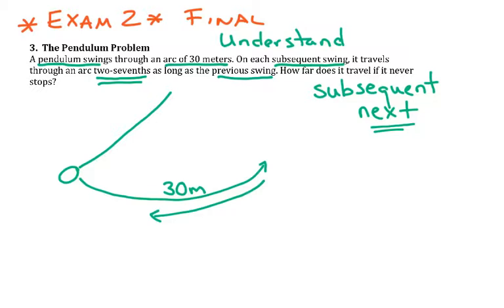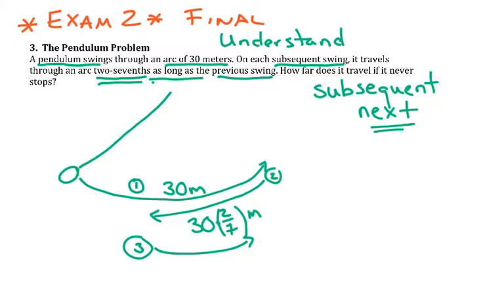Okay, so it went 30 meters on the first swing. On the second swing, it didn't go 30 meters, it goes 30 meters times 2/7. That's how far it traveled. That's 2/7 as long, 2/7 times 30 meters. All right, what happens on the third swing?